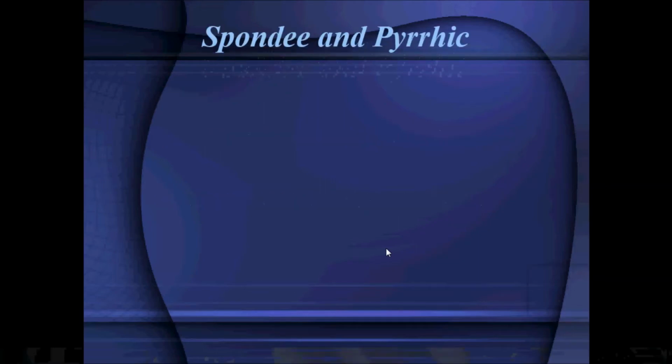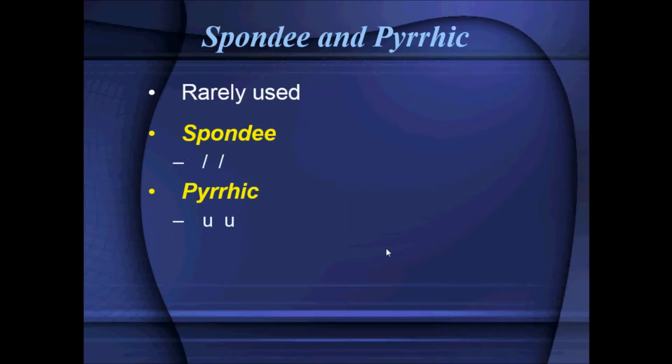There are some rarely used forms, spondaic and pyrrhic, and those are just like they appear on your screen. Two stresses in spondaic and two unstressed in pyrrhic. It's usually used in connection with each other, albeit not always, as in "the breast of the dim sea."